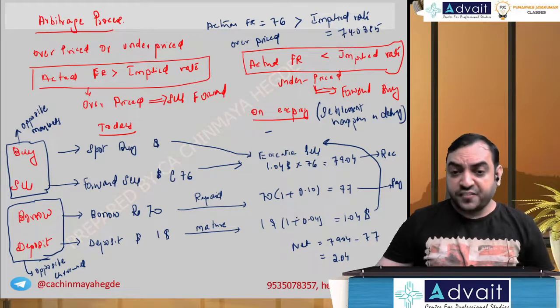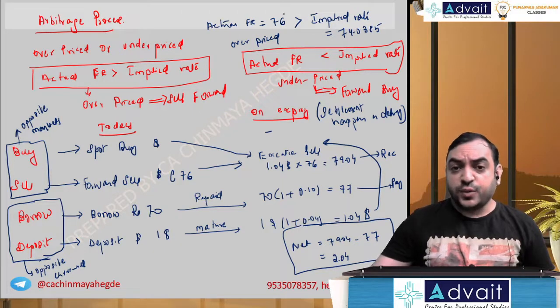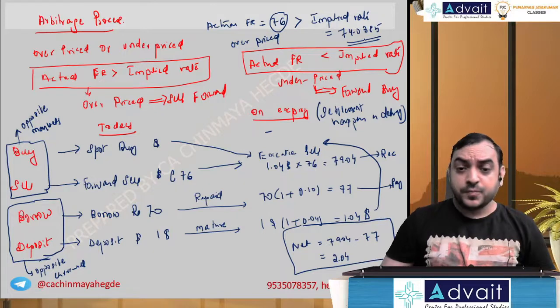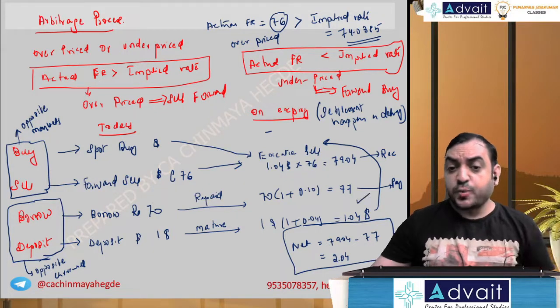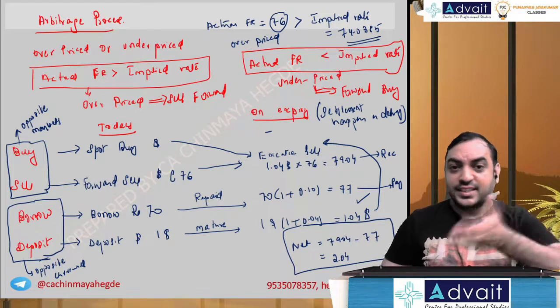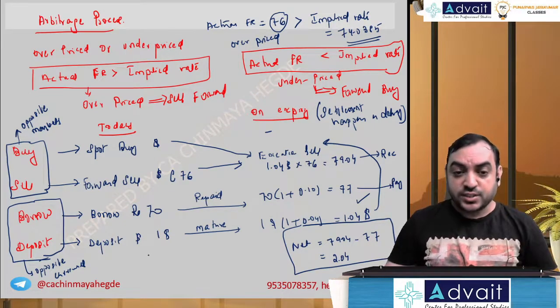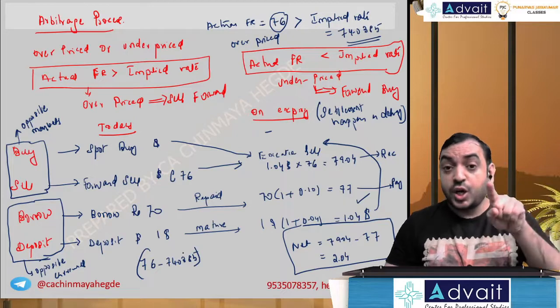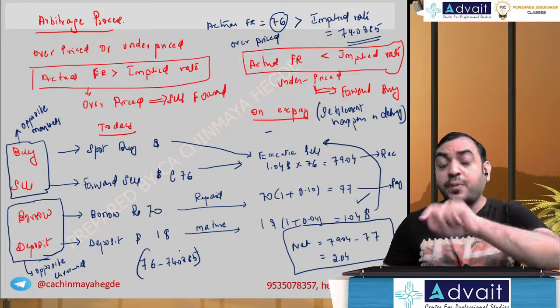And how do we verify this number 2.04? This is the difference between 76 and 74.0385. But this is for $1. How much dollar did we execute? $1.04. So please multiply it by that, or you can say the time value of money. So 76 minus 74.0385 is the per dollar value today. But what will happen after 1 year?